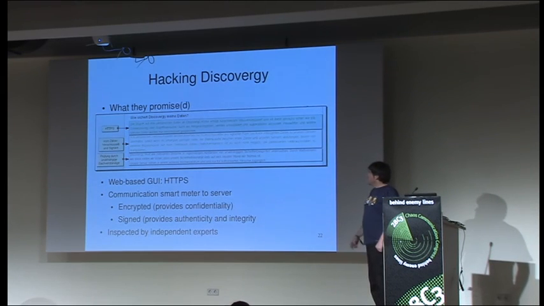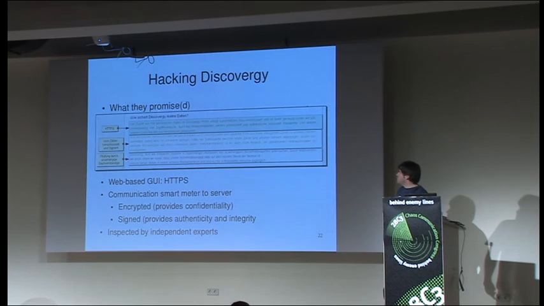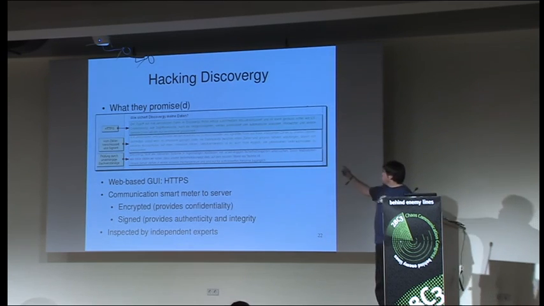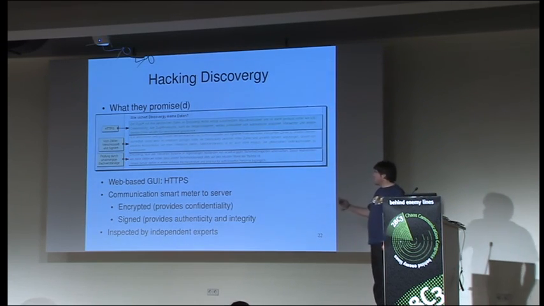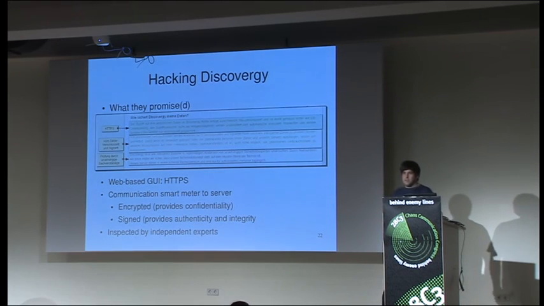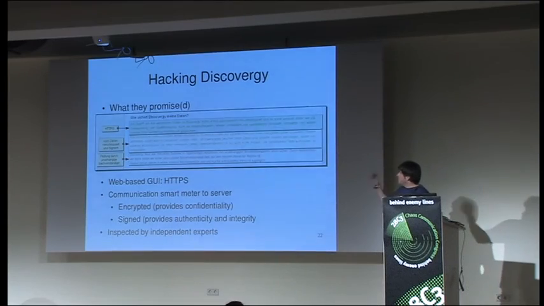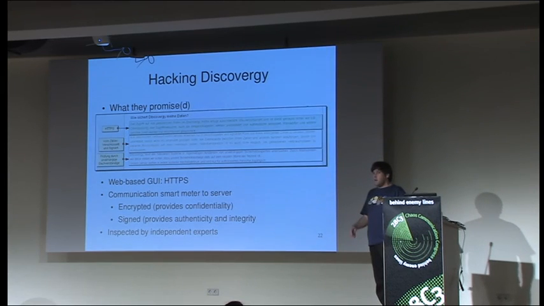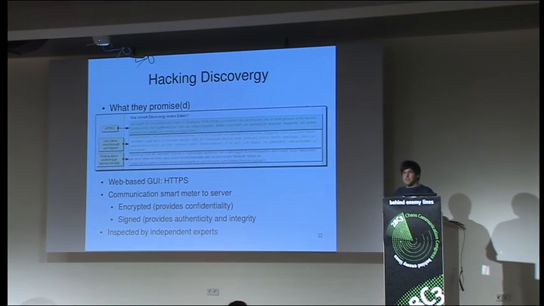They say, how is Discovergy going to protect my data? In the green one, they say that they use a web-based GUI, basically HTTPS, so if you go to the web front end and enter your password and your data is displayed, everything is secure, everything is encrypted, so there's no problem. The yellow one says how the smart meter is talking to their servers.